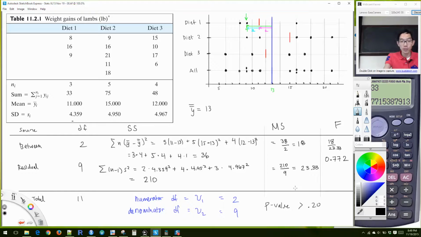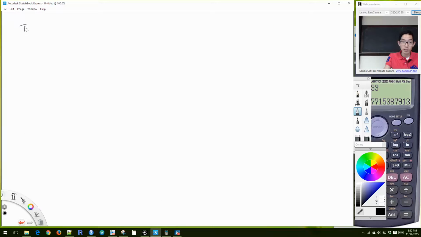And so effectively what we say is the variation due to the different diets is not statistically significant. The variation due to the different groups, or in our case, the different diets, is not statistically significant.